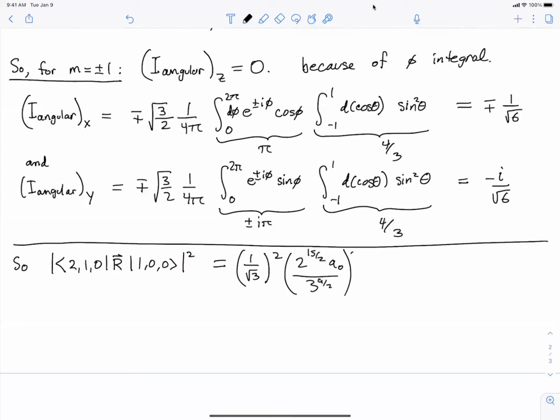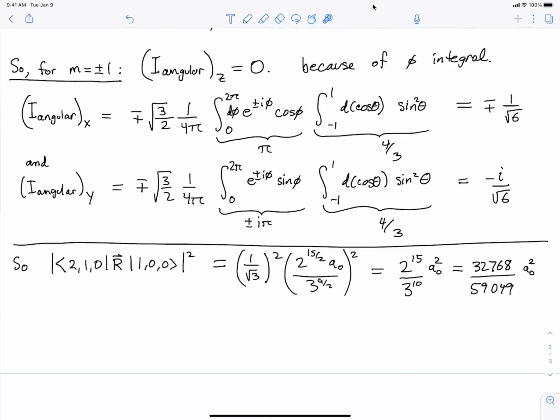That gets squared. And so the whole thing is 2 to the 15th power over 3 to the 10th power Bohr radius squared, which is 32,768 over 59,049 times the Bohr radius squared.